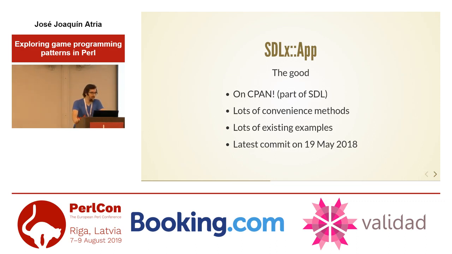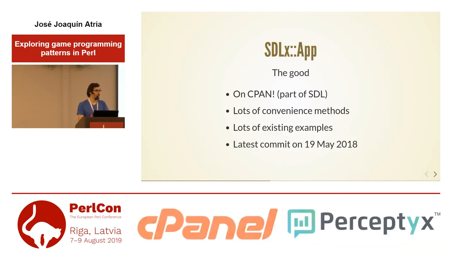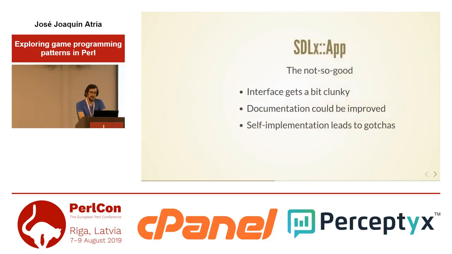It has a lot of convenience methods, so you don't have to worry about some of the tricky bits, like implementing game loops; all of that is already there. And there are lots of existing examples. If you bump into someone writing a game in Perl, they're probably using this. Well, unless they're writing a browser-based game, like the ones I mentioned. And the last commit to the project was last year, so it's still receiving some attention.